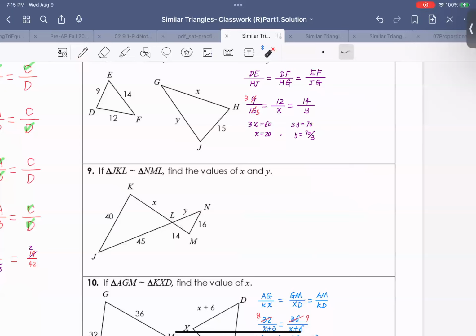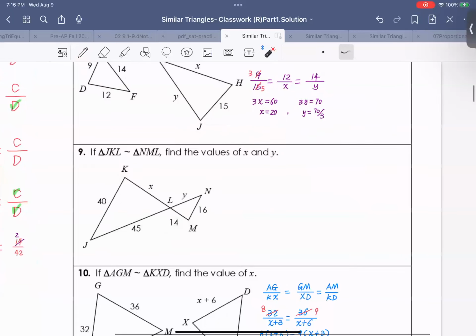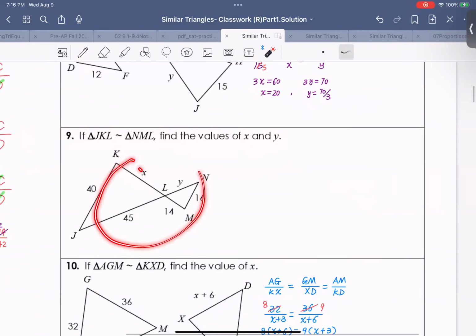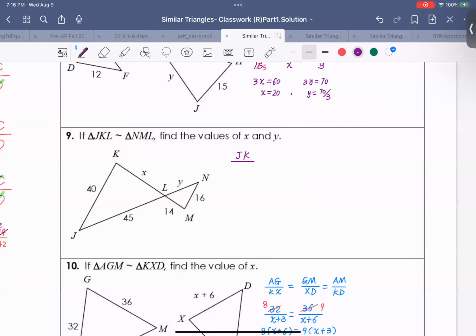Next one. Angela, let's see number 9. These two triangles are similar. Let's go ahead, write down the ratio, please. JK over NM, right?